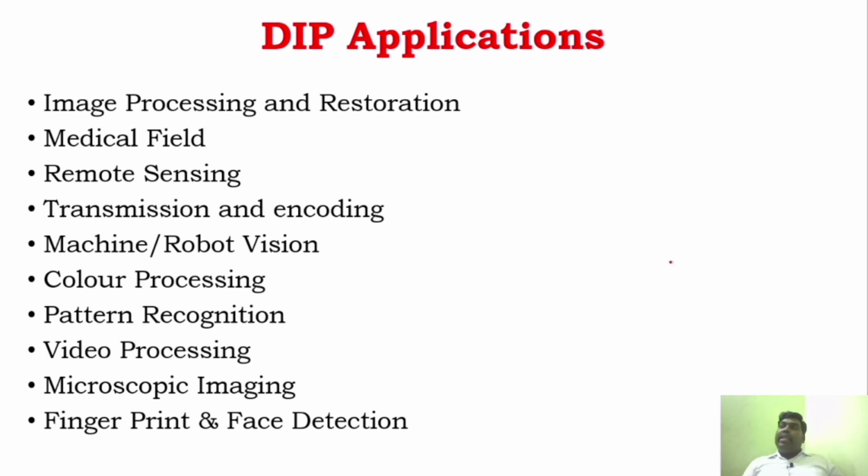And digital image processing is right now used in almost all fields. For the advancements in all the fields, we use digital image processing: image processing and restoration in the medical field, remote sensing, transmission encoding, robot vision, color processing, pattern recognition, video processing, microscopic images, and right now we know the importance of fingerprint recognition, face recognition, face detection. All these applications are only because of digital image processing, correct?